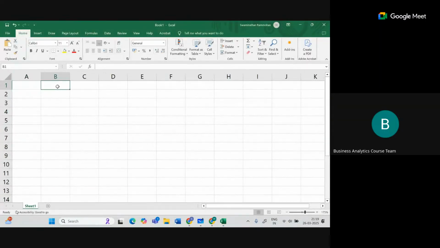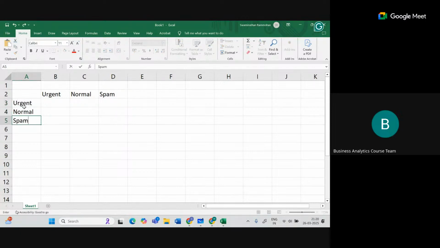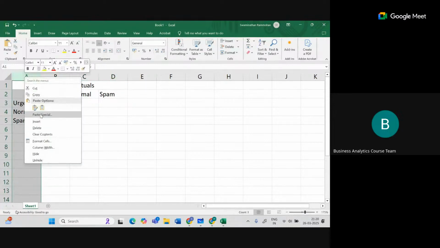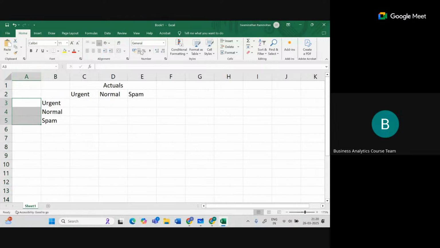So let us say we have three classes: urgent, normal, and spam. Similarly, urgent, normal, and spam. So these are the actuals, and these are your predictions.